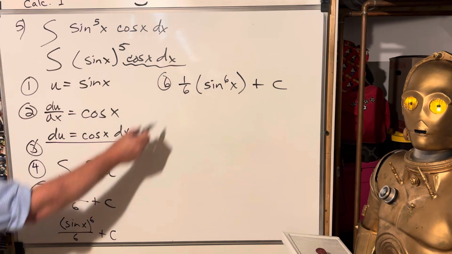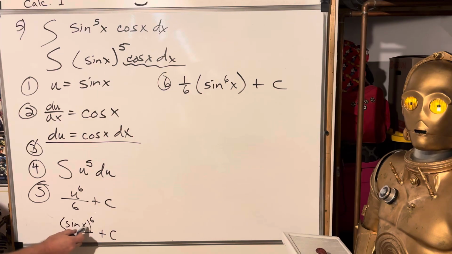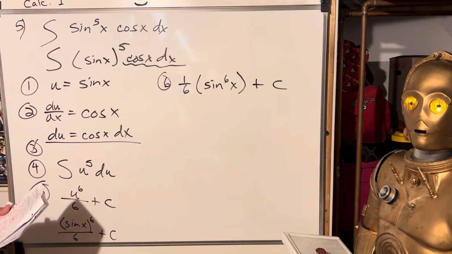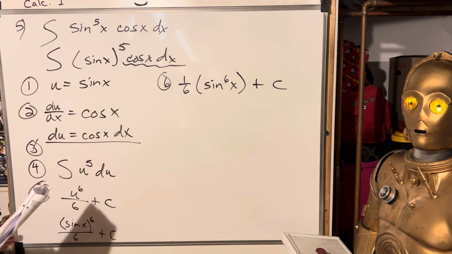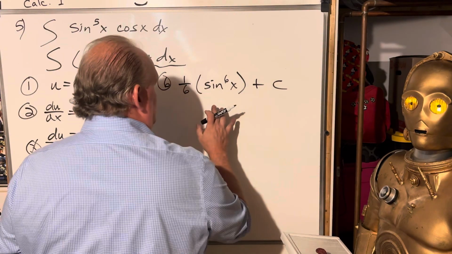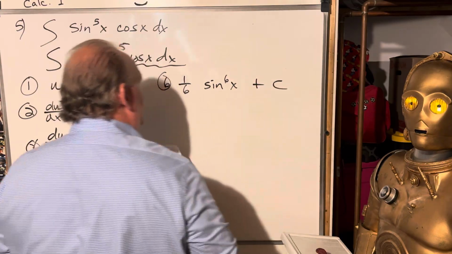And then I just rewrite. So 1/6 instead of divided by 6, and sine x to the 6th power. That's the shorthand for it. Alrighty datey. And I guess you would really need the parentheses. You could put them on there if you want to, but you don't need them.